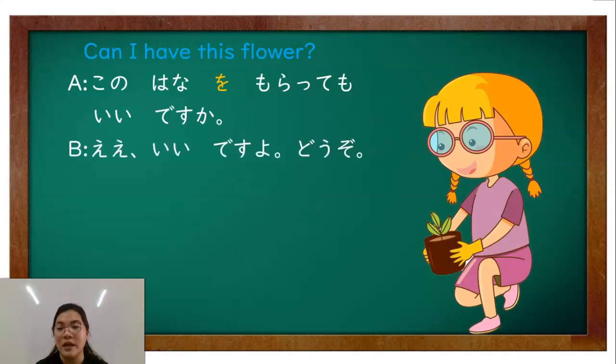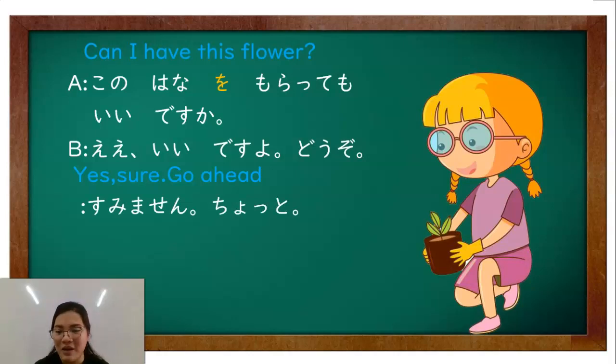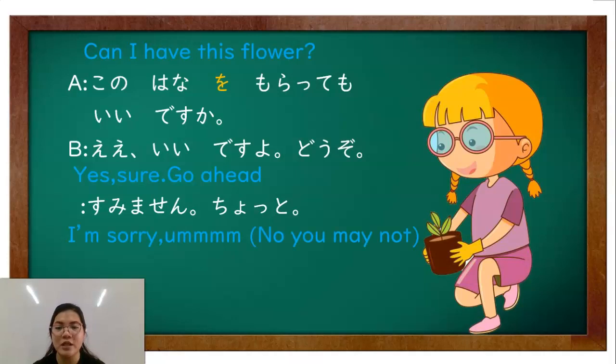If the answer is yes, ii desu yo, dozo. That means yes, sure, go ahead. And if the answer is negative, it is sumimasen, chotto. Sumimasen, chotto is used if you decline that permission, kung ayaw mong gawin niya yung isang bagay.